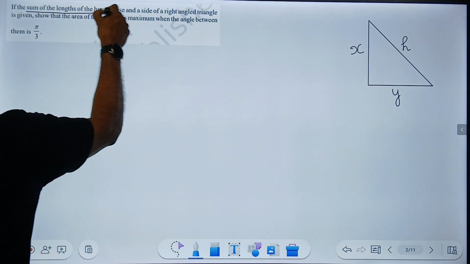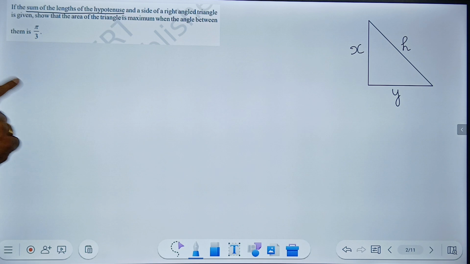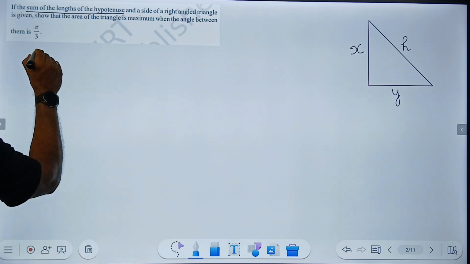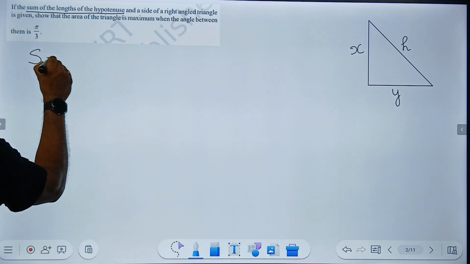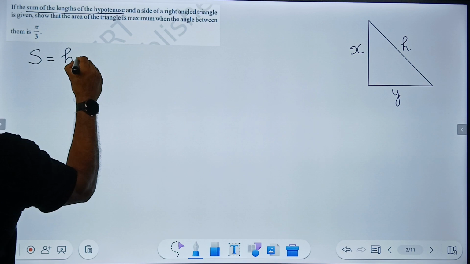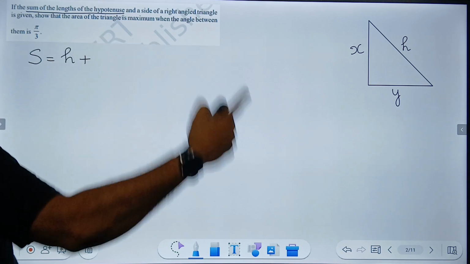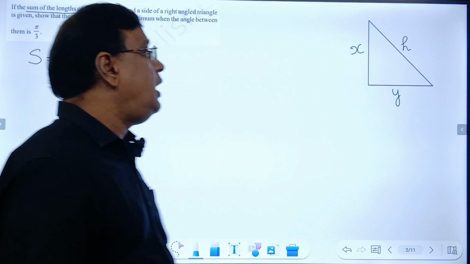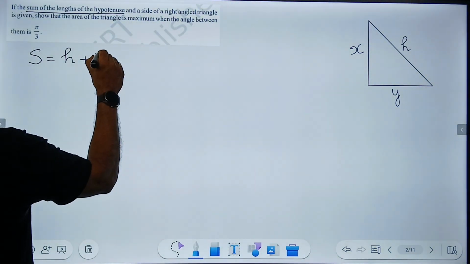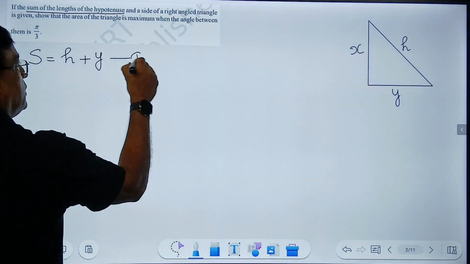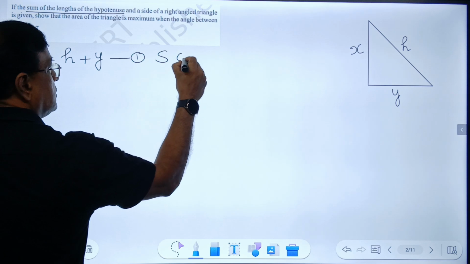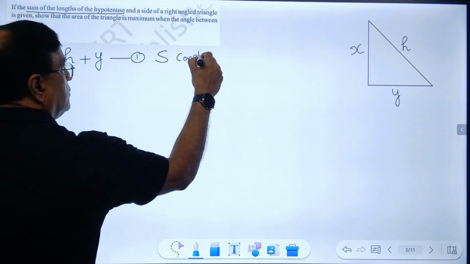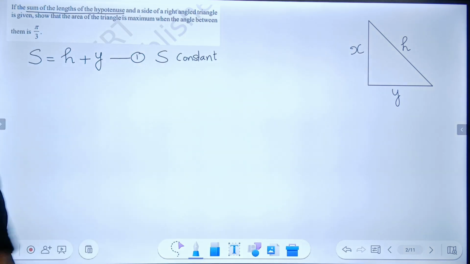The sum of the length of the hypotenuse and a side, whichever side. I will take S to be that sum. I can choose X or I can choose Y. I prefer to choose Y. So this is given, and here S is a constant.